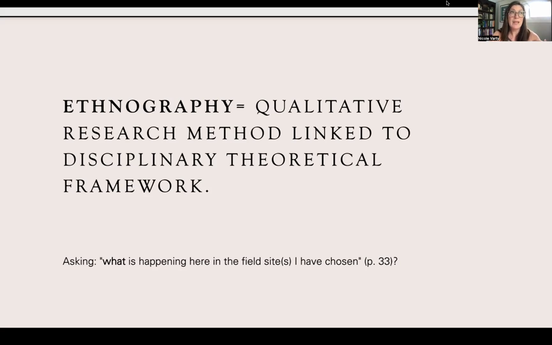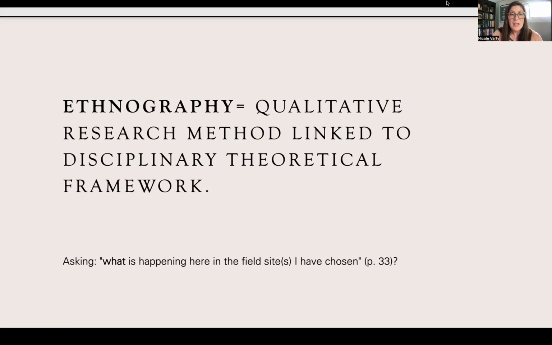Now, I'm not sure that that's so much the case anymore, but certainly at the time of their writing, it was. For us, it's important to think about ethnography as a qualitative research method that is linked to a specific theoretical framework that's housed within a discipline. For us, that discipline is narrative medicine.